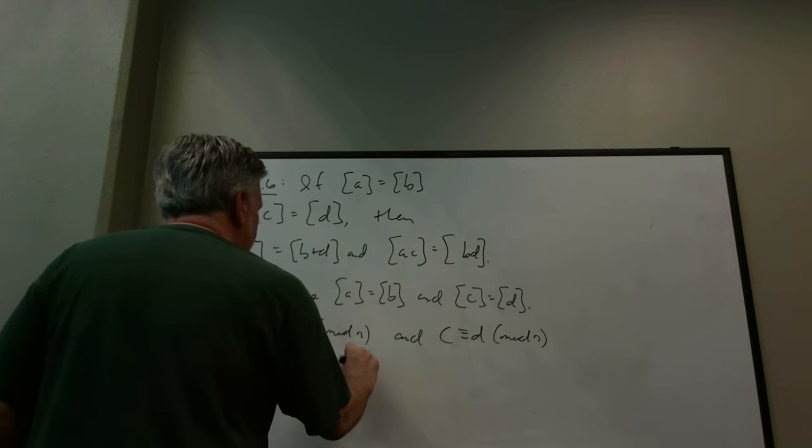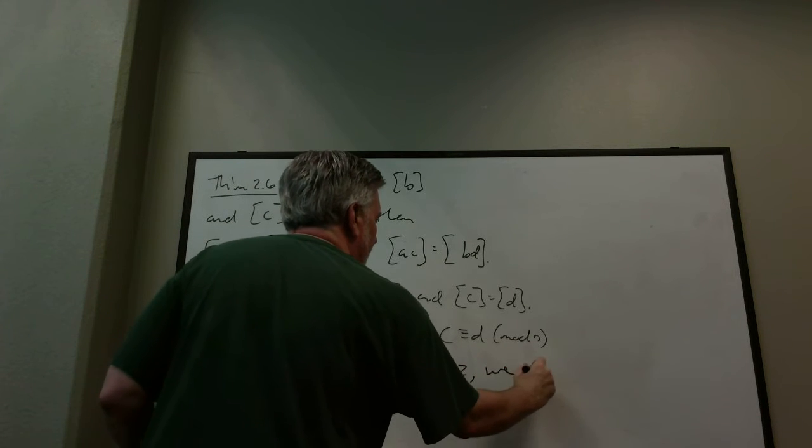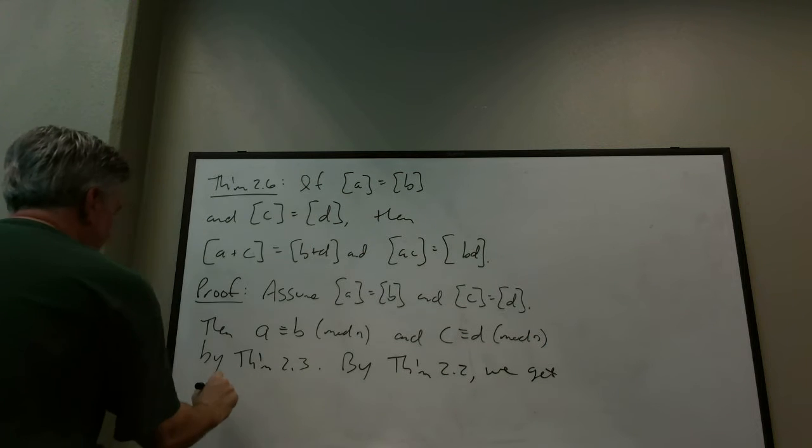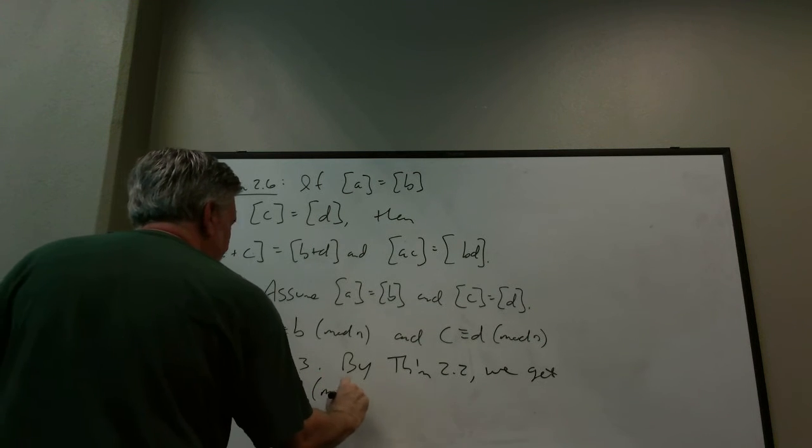By theorem 2.2, which we did before, we get that A plus C is B plus D mod N. We proved that.